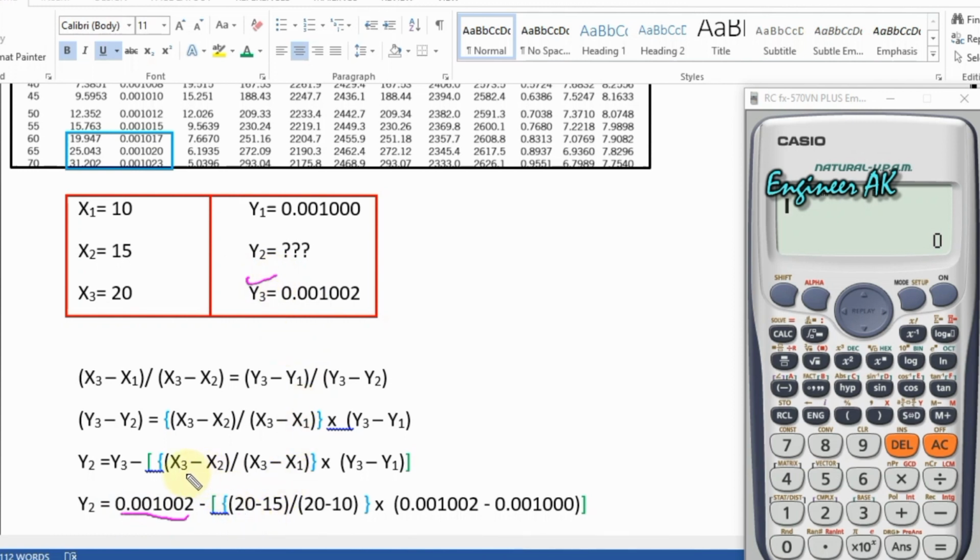Now x3 is 20 and x2 is 15. Same, x3 is 20 and x1 is 10. And y3 is 0.001002, and y1 is 0.001000. Now let's plug in these values in the calculator and see whether we get our answer or not.